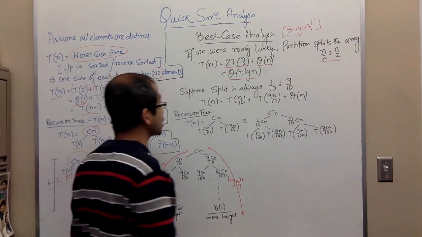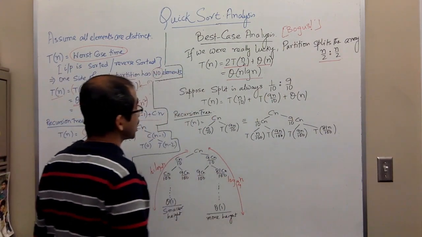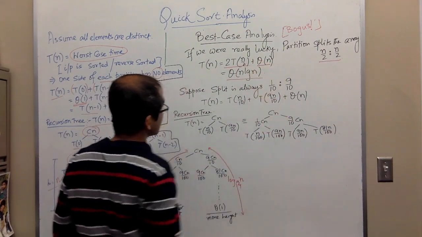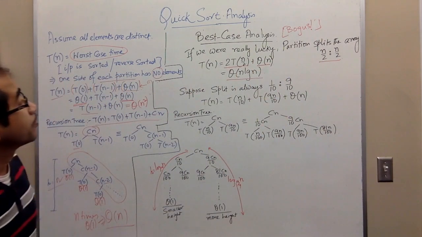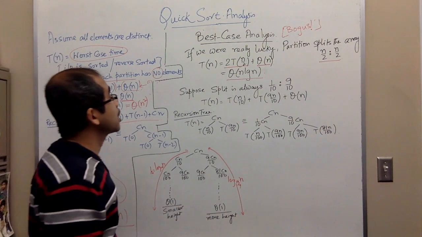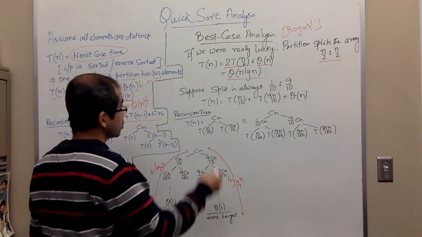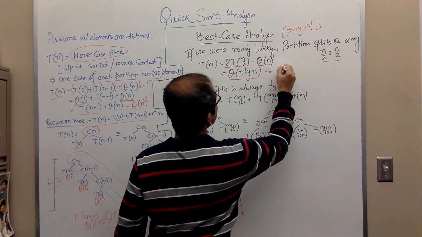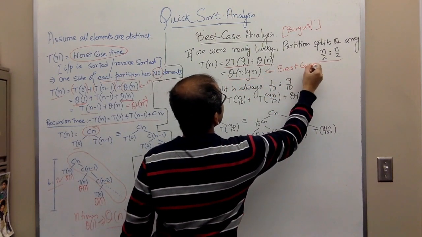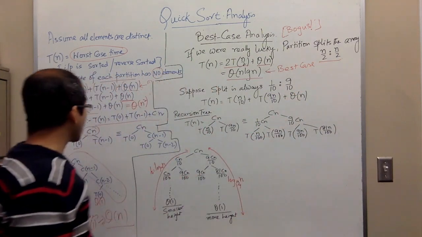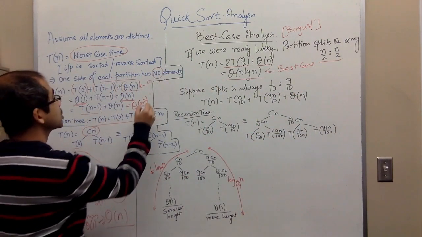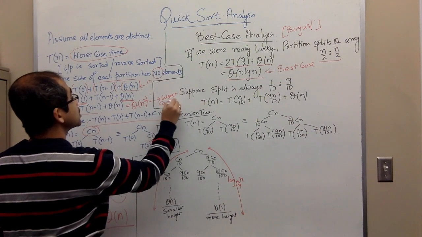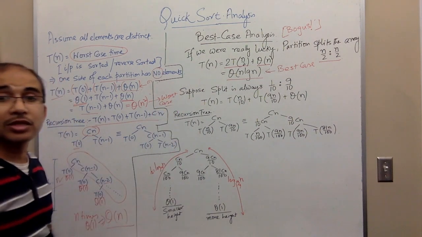It's the merge sort recursive relation, and we find that 2T n by 2 plus theta n, if we put it in the Master's theorem, is theta of n log n. So this is the best case, which is theta of n log n, and the worst case was theta of n square.